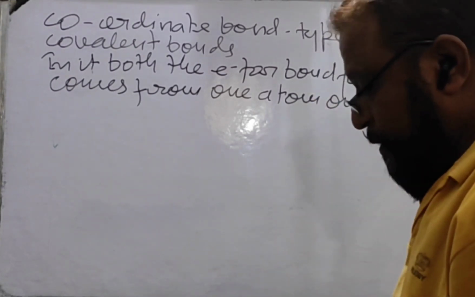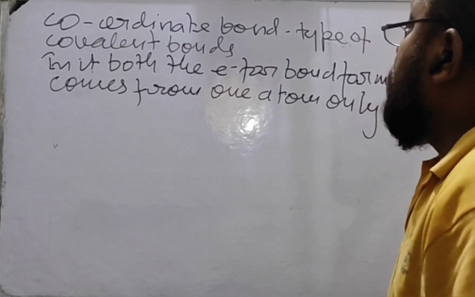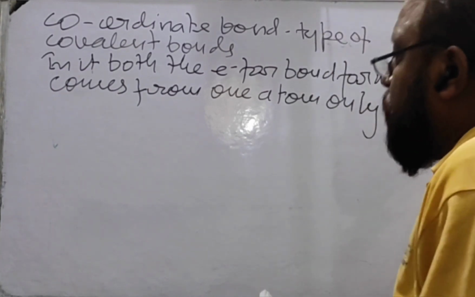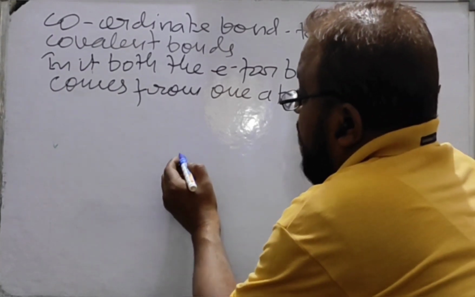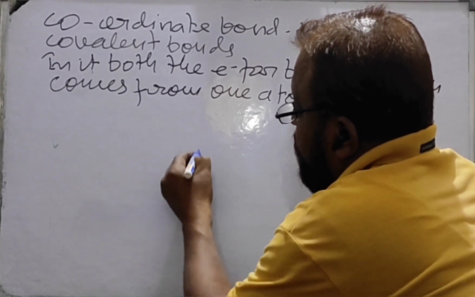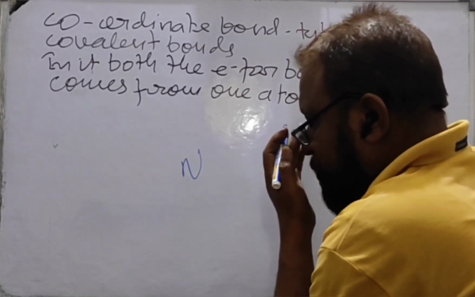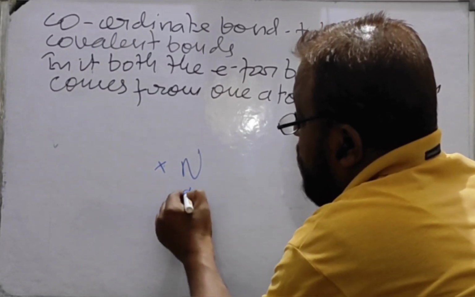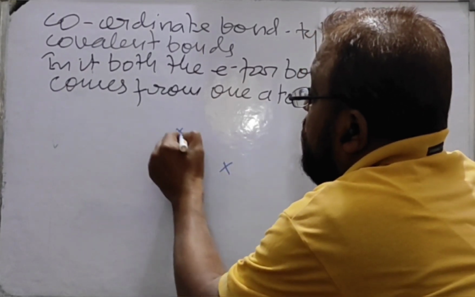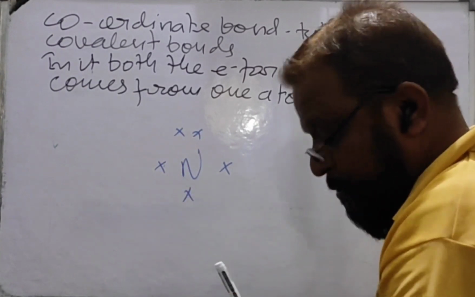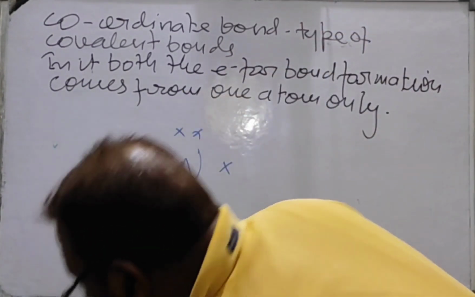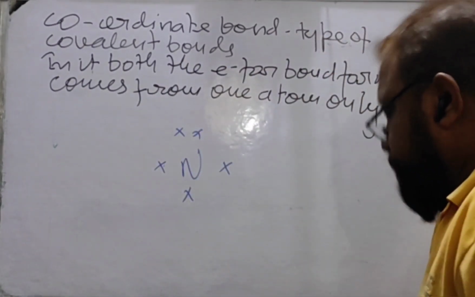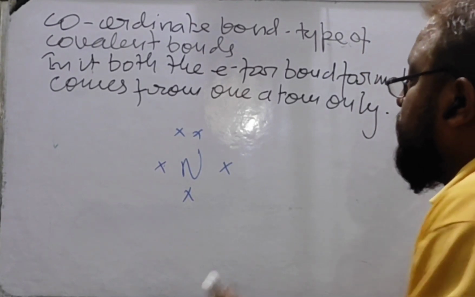So in this, both the electrons for bond formation come from one atom only.